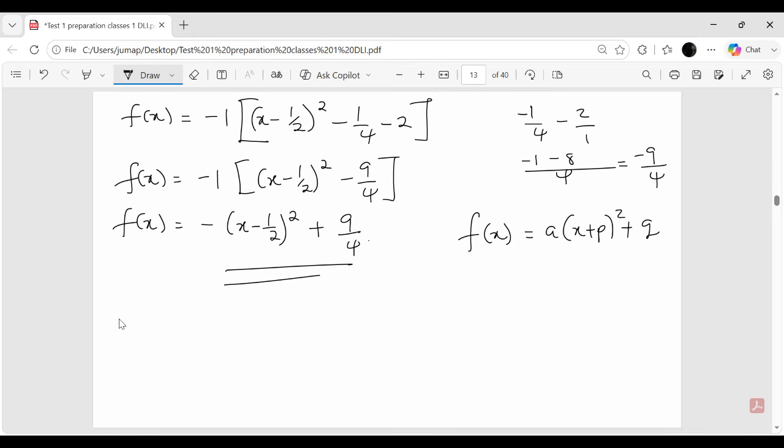When they ask you to find this, there are two ways you can solve it. Someone would say, why should I bother myself, I can just write x is equal to negative b over 2a, find the value of x, then plug in so that I can find the value of y, because the maximum values are x and y values.